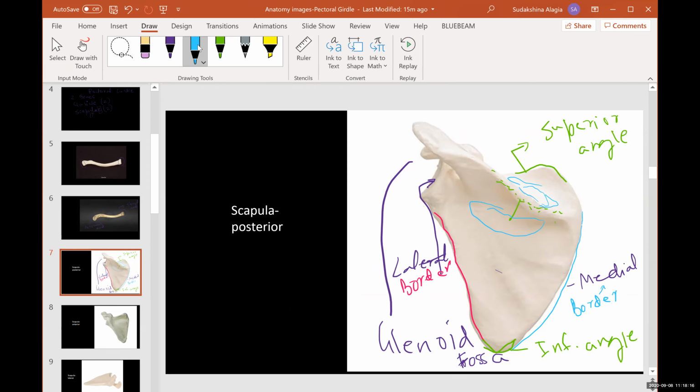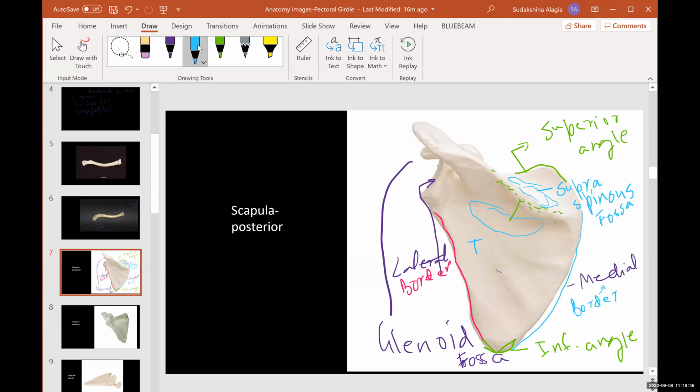And so this is the spine. Superior to the spine, inferior to the spine, fossa. So what would the name of this be? The fossa that's superior to the scapular spine. What do you think the name is? Supraspinous fossa. Thank you. Supraspinous fossa.